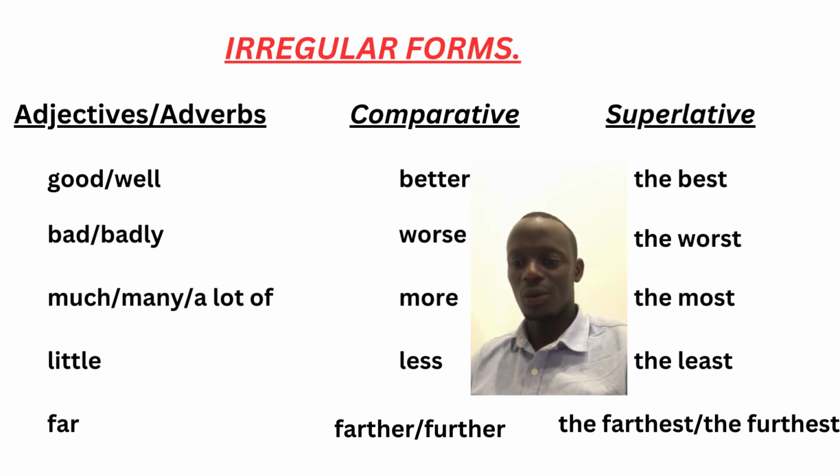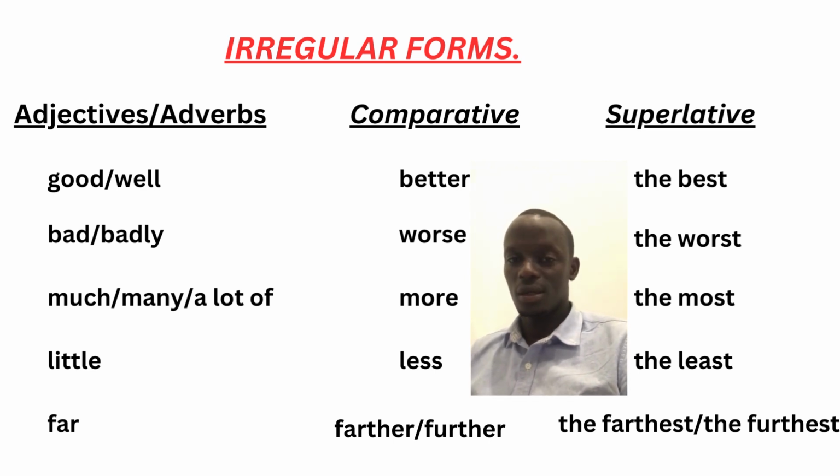How do they work? We have some words like good, and this is an adjective, whereby well is its adverb. You have to pay attention to this. The adverb of good is well. We have bad and we have badly. Much, many, a lot of, little, far.